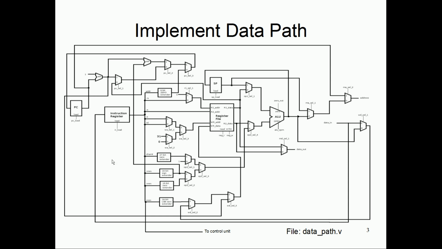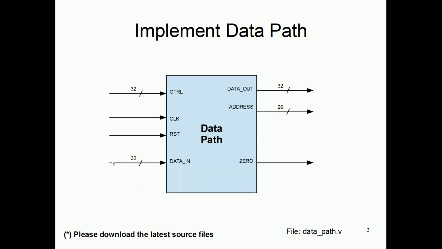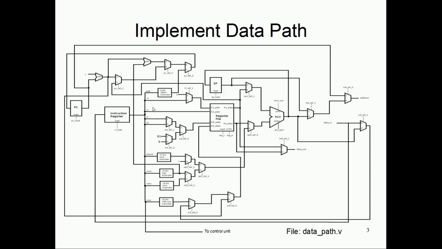And the control signal: if you look at the previous slide, the control bus is a generic control bus, and we need to assign each bit to each of these controls. That assignment is up to you.